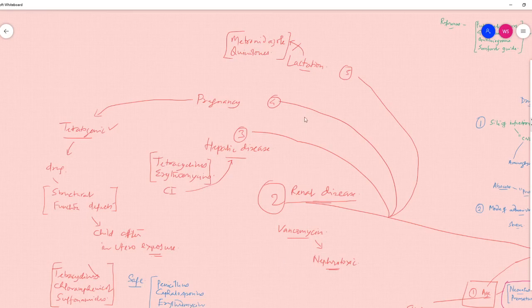So what are the safe drugs which can be given to lactating mothers?